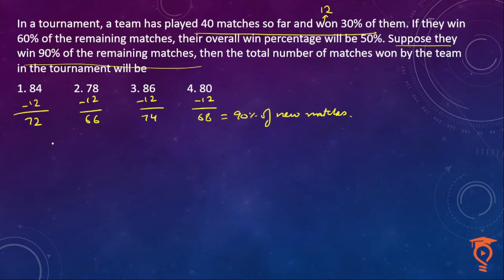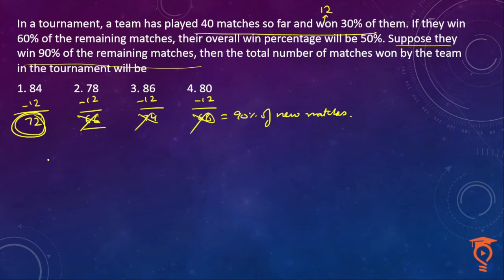Now if 66 is 90% of new matches, the number of new matches will not be an integer. Because of this, without even solving the question, all the other options prove to be bogus. Only the first option works, and this gives you the answer.